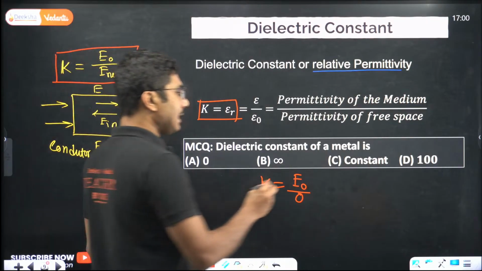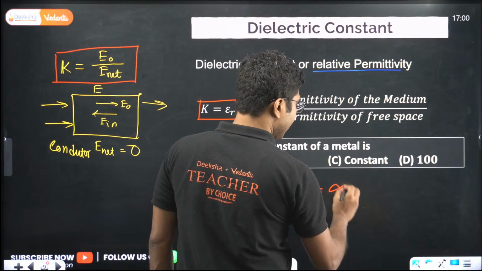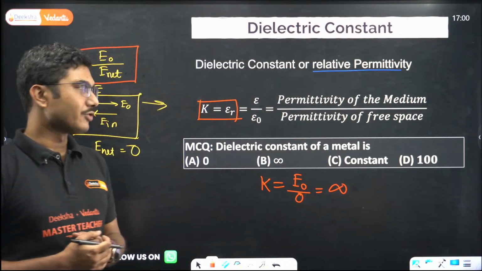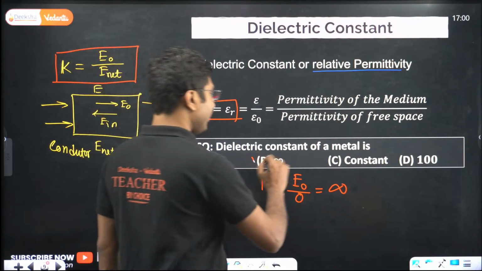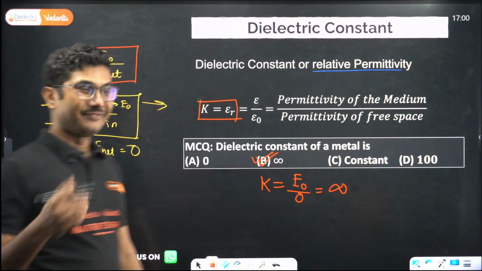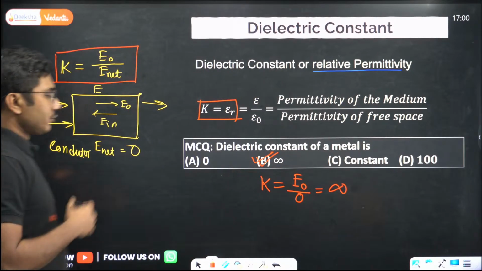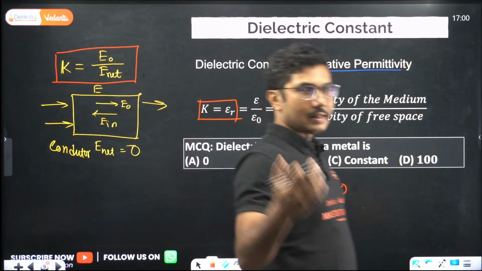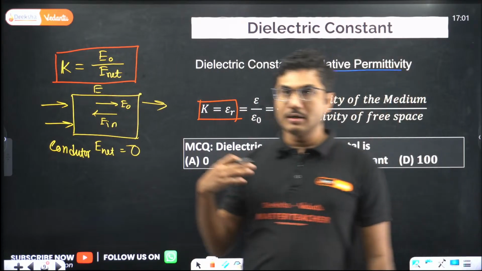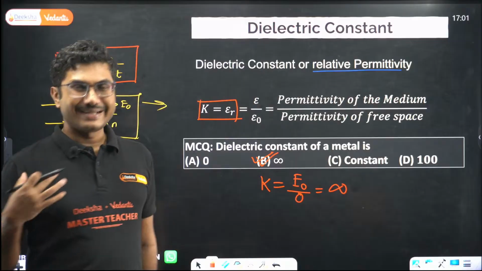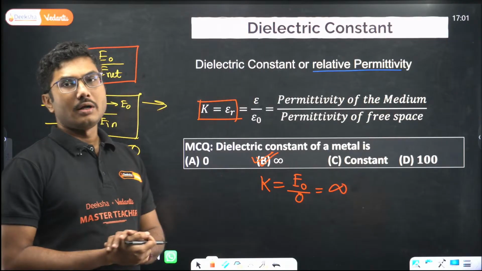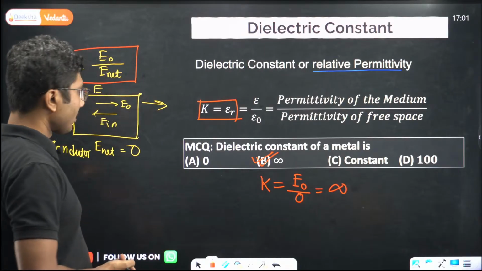That means the dielectric constant will be infinity. For a metal, the dielectric constant is infinity. Inside the conductor the electric field is 0, that's why the dielectric constant is infinite. That is very, very important to remember.